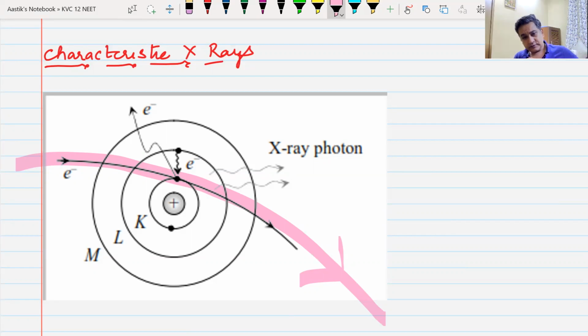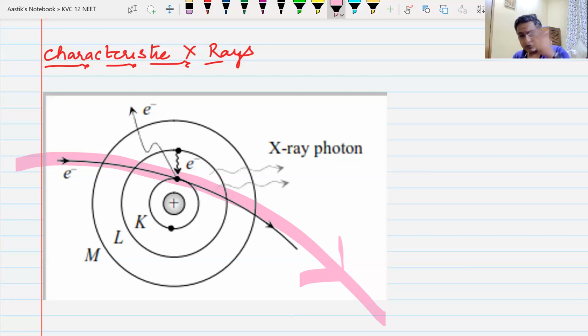Because of this electron getting deflected, moving continuously towards the nucleus, it is losing its energy continuously. Because of this, what type of X-rays are emitted? Continuous X-rays are emitted because of this.